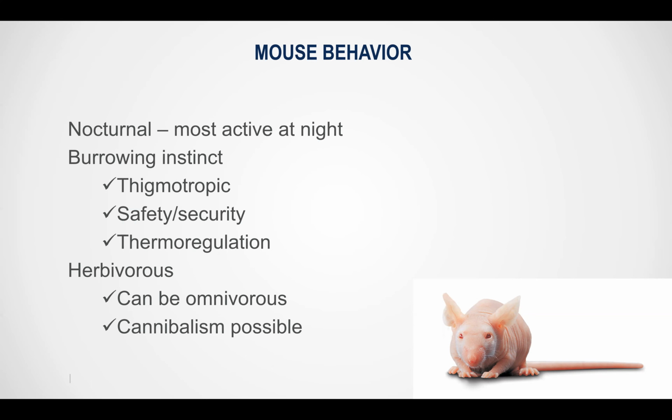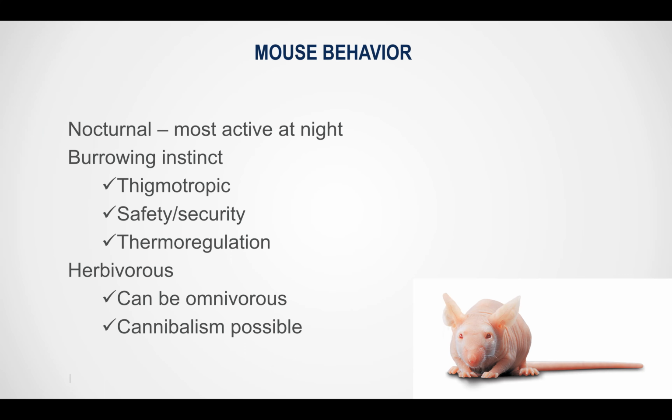That's why, again, you want to make sure that you have something in the environment like a tunnel or an igloo, something that will allow them to feel that against one side. That helps them feel safe and secure. And also, when they build nests up and around themselves and they're inside the nest, that gives them a way to thermoregulate.